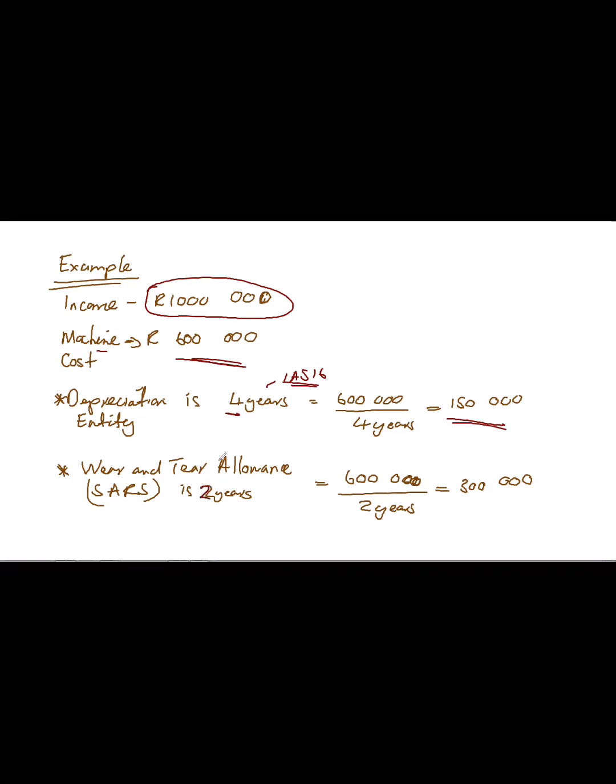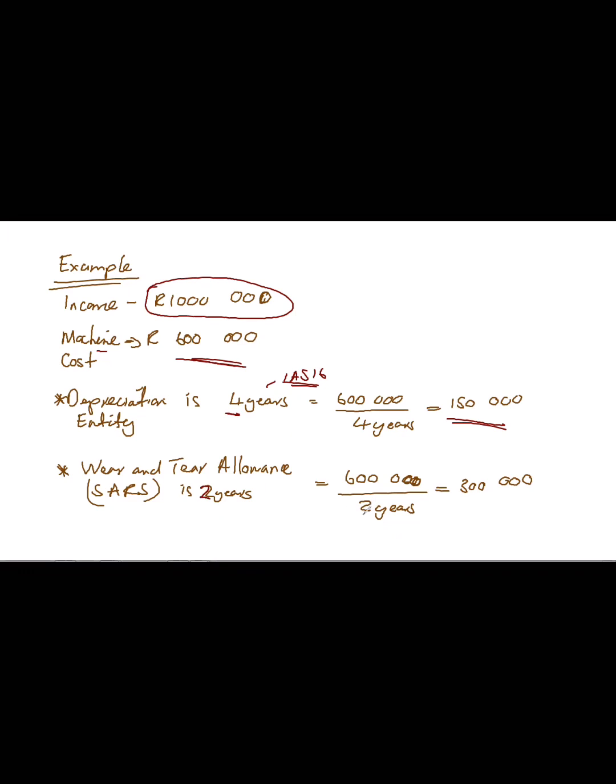This is just an example. For those that understand their taxation, normally for a manufacturing machine, it's either 5 years or 4 years. But we're just going to keep this as simple as possible because I'm trying to bring across the explanation of deferred tax liability.